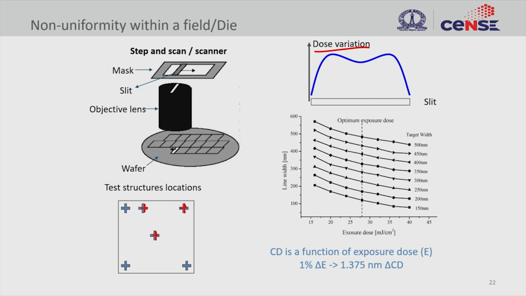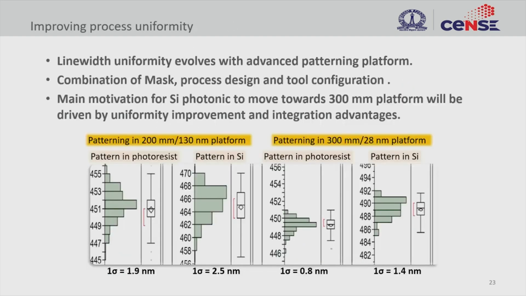So when you take this variation in those, you are going to have variation in line width as well. So the placement of device is also very important. So make sure that you are aware of the placement related non-uniformity while you are taking into account the global uniformity of your circuitry.